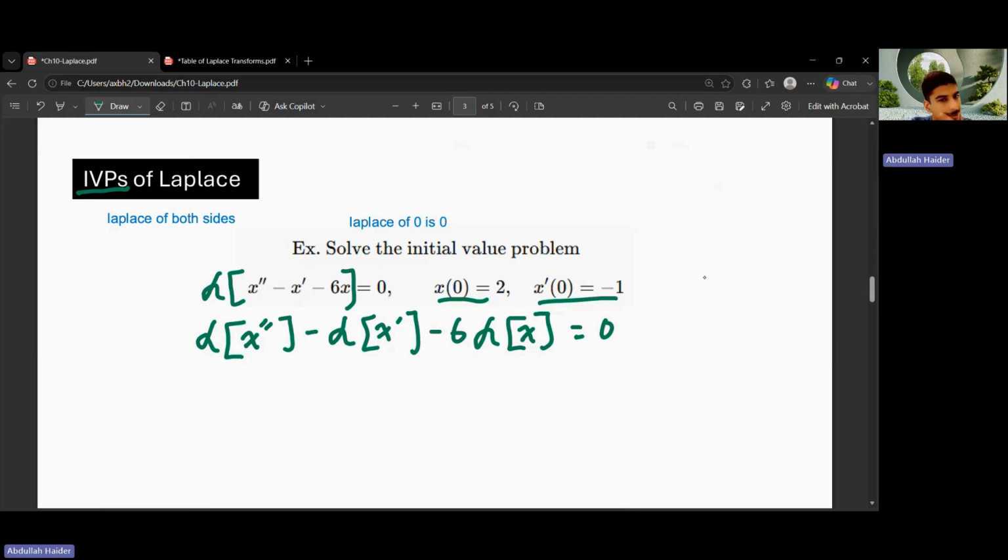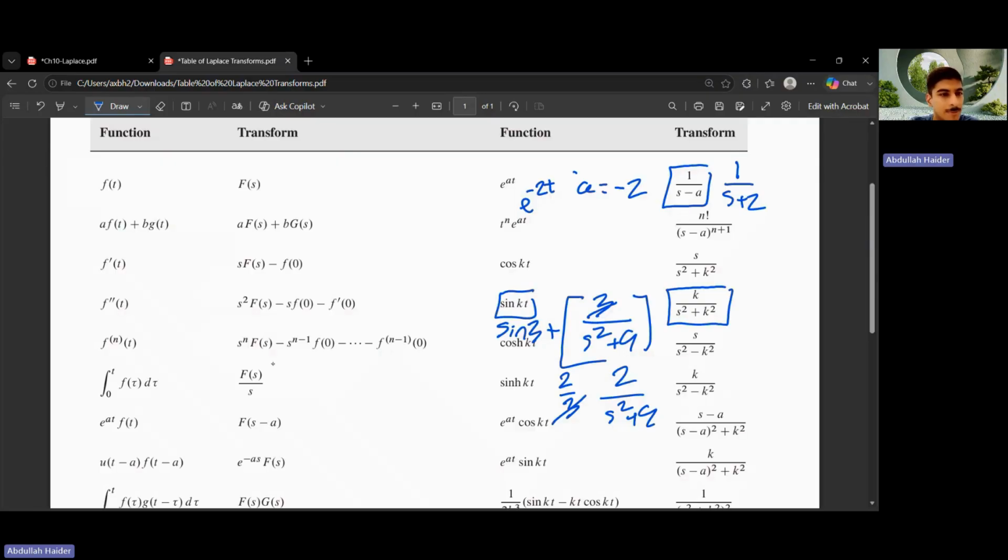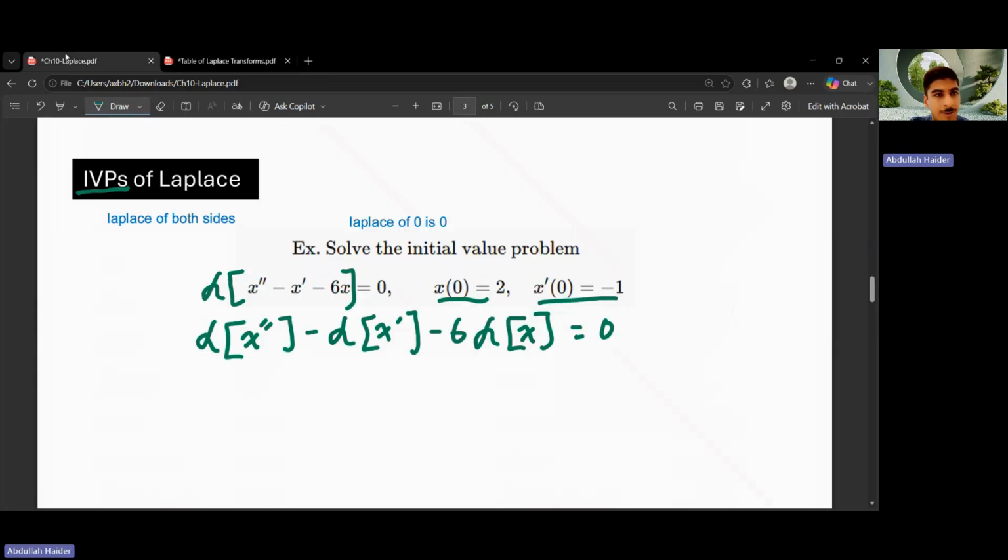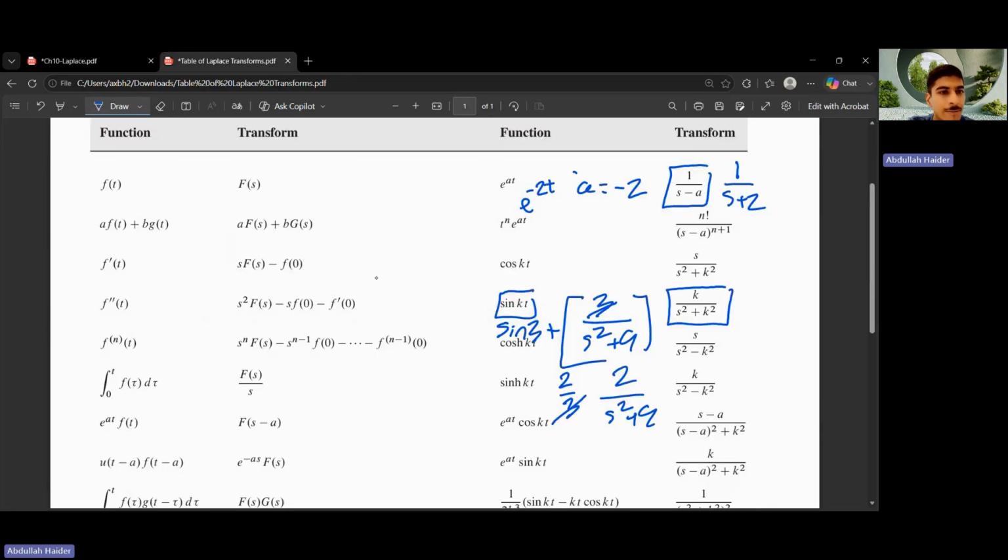So the Laplace of x double prime. One note: if you have x double prime of t, f double prime of t, or y double prime of t, they basically mean the same thing.